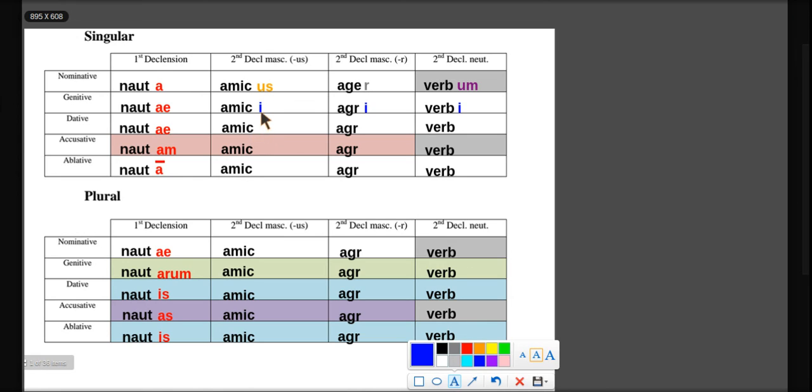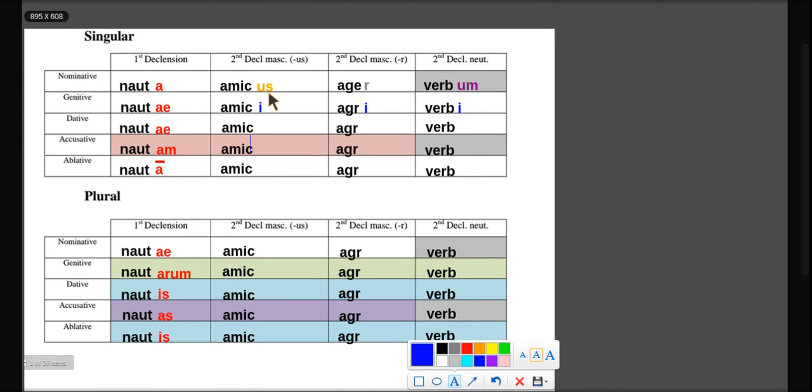Now, returning to our second declension us masculine noun, we have amicus, amici. Just like in the first declension, how you get your stem is you go to the genitive singular entry of the dictionary form, and you take off the genitive singular ending, which for the first declension is that ae, and you get your stem.